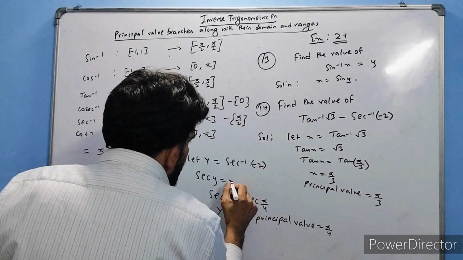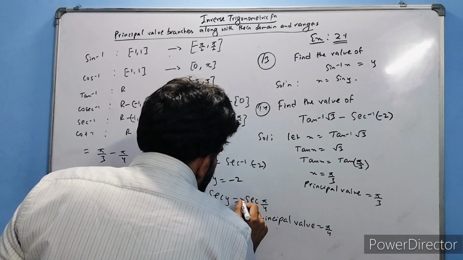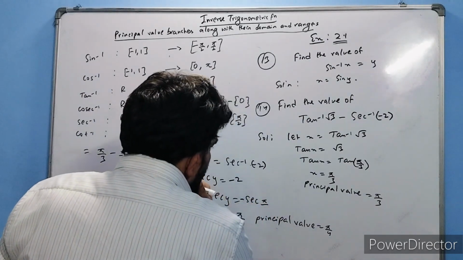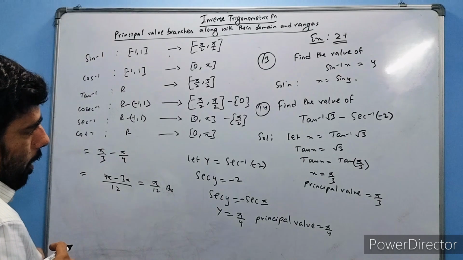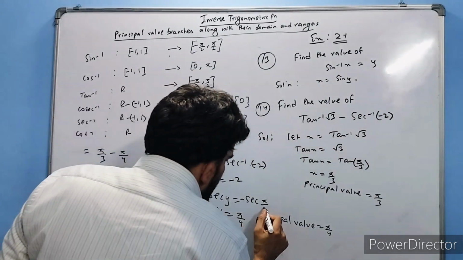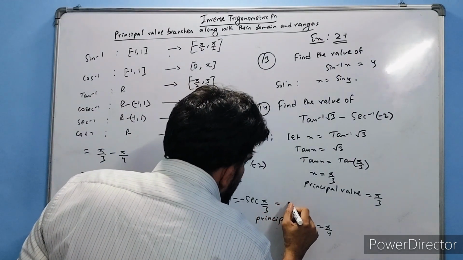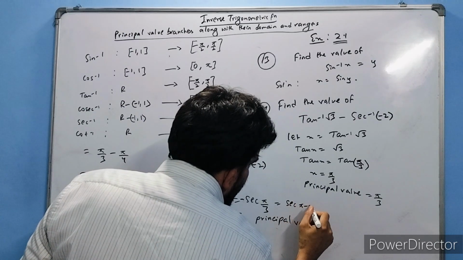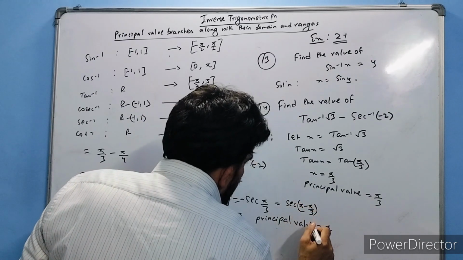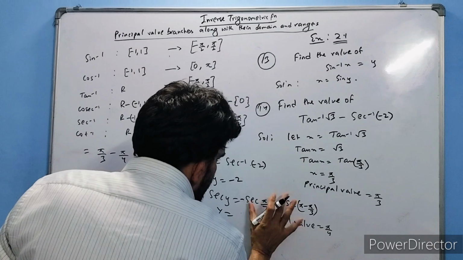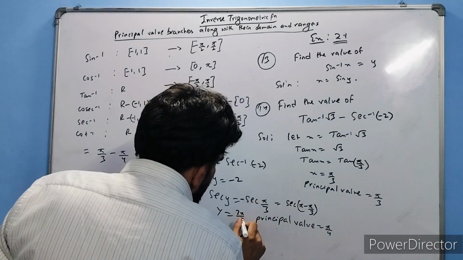Now what will change here is that they have given minus 2. So we can write minus 2, or sec, that is half. If I say cos, it will be pi by 3. So what I can write here is pi minus pi upon 3, so I got 2 pi upon 3.